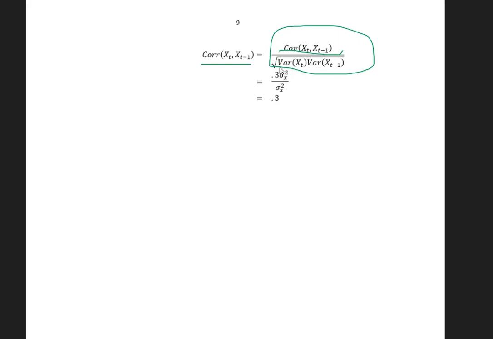We also already know how to calculate the variance of x of t and variance of x of t minus 1. So if we plug in all those known values into this, which is simply the definition of correlation, we will end up with this number, which is the correlation of x of t and x of t minus 1. So this is it for this question.